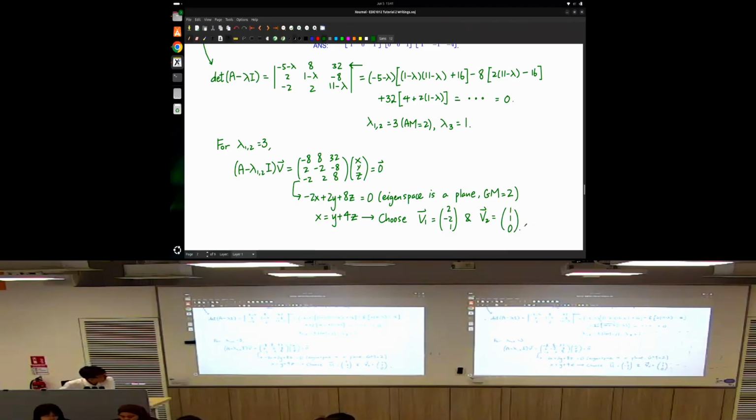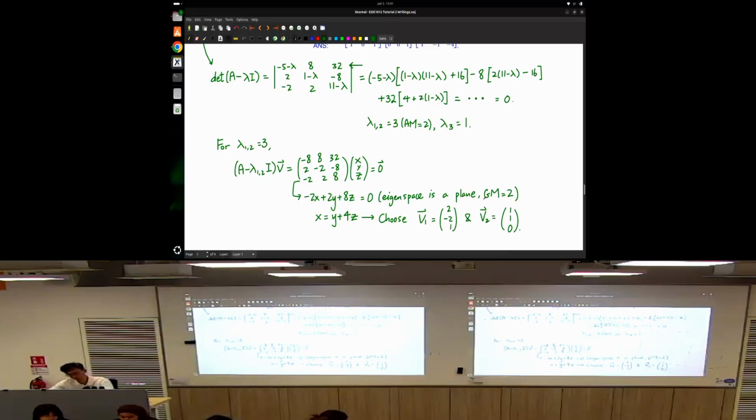Is that okay? This is the part that I want to go through with you, to make sure that whenever you get the eigenvalue AM equals 2, if the question asks you to diagonalize, then you must expect GM equals 2 as well. Otherwise, you have to use Jordan decomposition. But for 3 by 3, I will not test you on Jordan decomposition in this module.